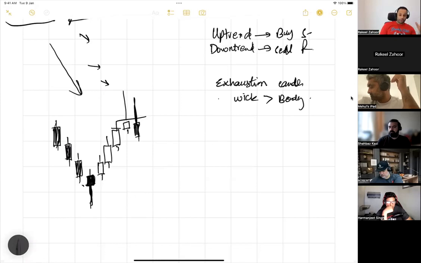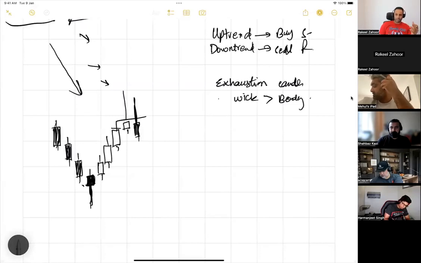Okay. Do you have any questions so far? Downtrend, uptrend, exhaustion candle. In the exhaustion candle, you're just measuring the wick. If the wick is bigger than the body, lengthwise or pip-wise, because that's the measurement we use in the charts for stuff like that, then there's a very high possibility of a rejection or an exhaustion candle.